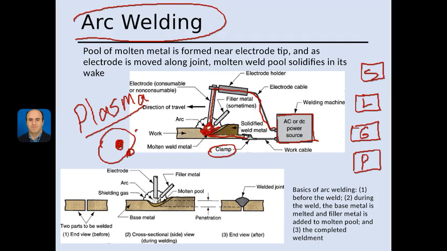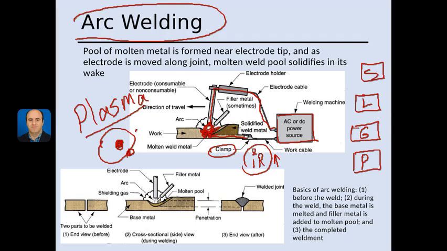Once they travel, first of all, we have one equation, I squared R. If you have a lot of electric current, you have a lot of energy. The next thing is that as the electrons travel from the electrode to the workpiece, they bombard the workpiece surface, and that bombardment is another source of energy.